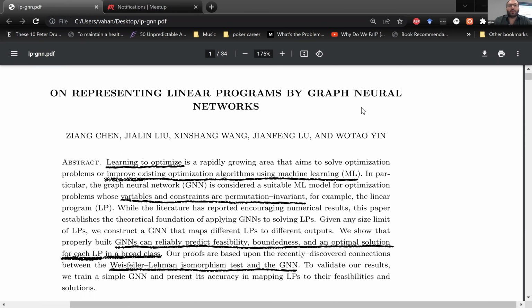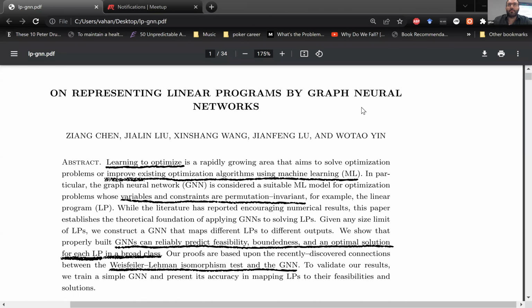The idea is that the authors represent linear optimization problems, LPs, as a GNN and train a GNN to solve LP, which is kind of strange, right? Because LP is the simplest optimization problem you can think of, and GNN is a fairly complicated non-convex optimization problem, at least for the training part.